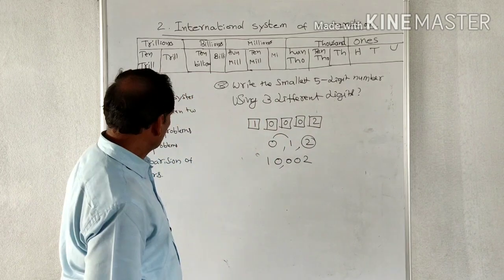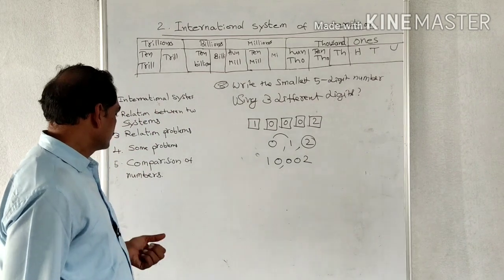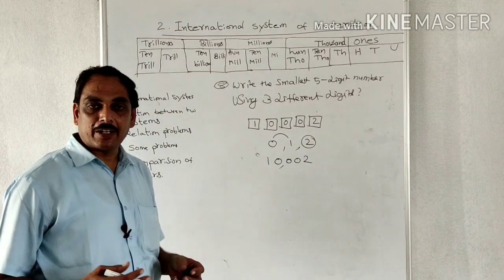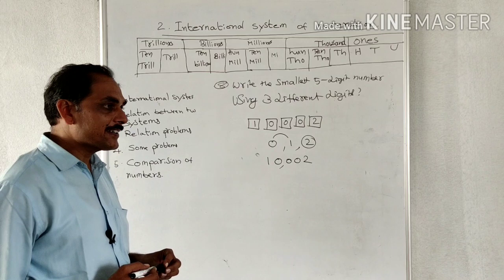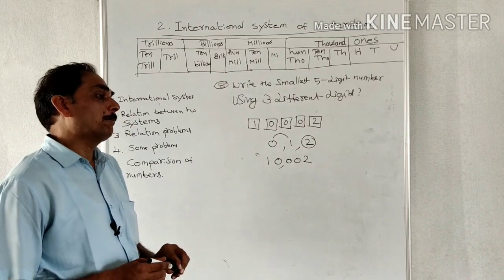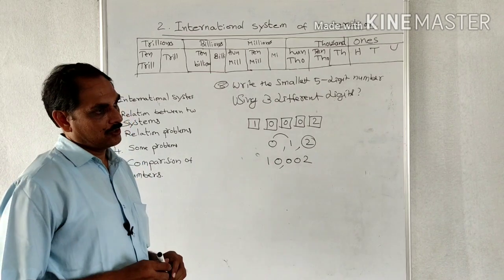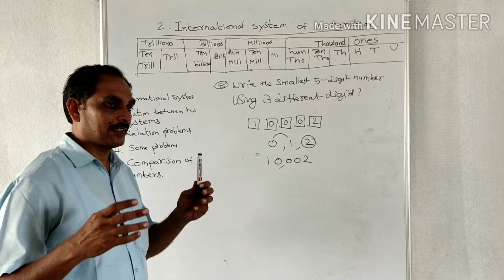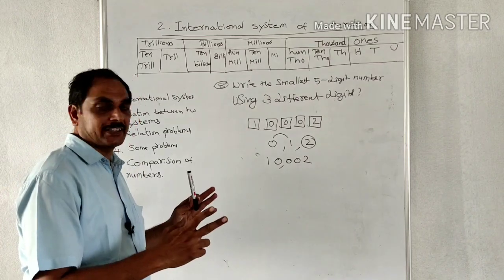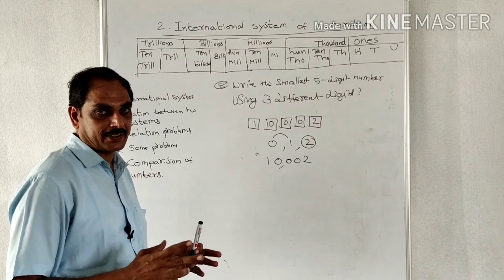Next, we go to 5, comparison of numbers. When we compare two numbers, first we check whether the number of digits in the two numbers is equal or not.